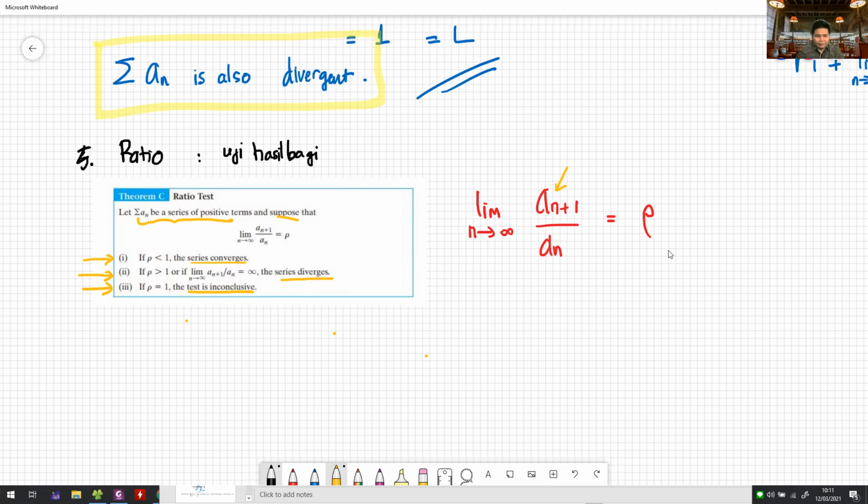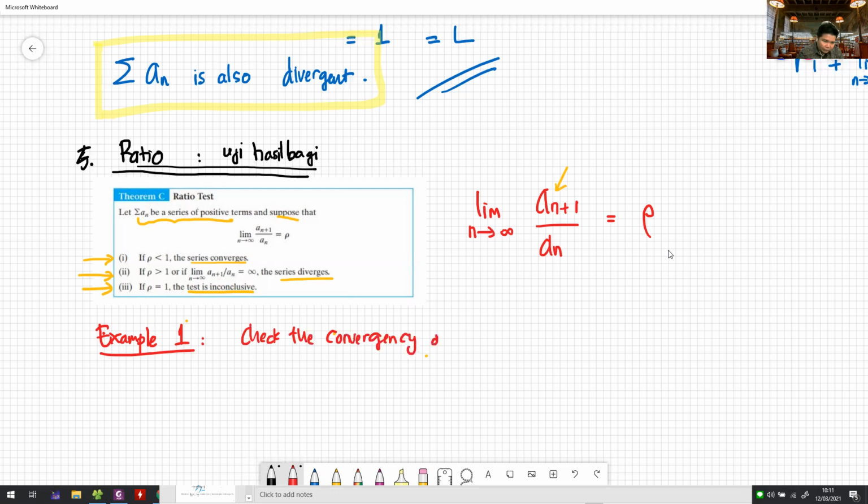Now we will go to some examples. We will try to understand this from a question. Example number 1: check the convergence of the following series.